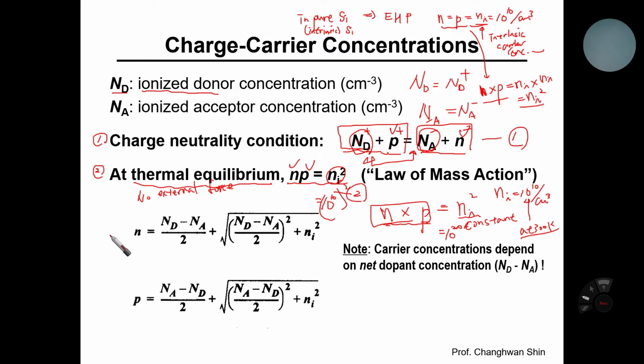So you can solve those two equations together systematically, and you're going to get the solution for n and another solution for p. But those two solutions look very complicated.